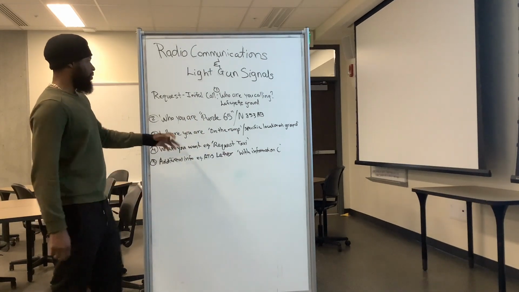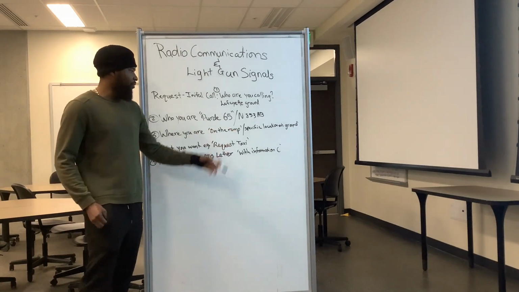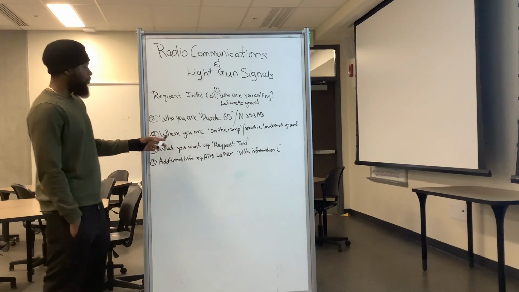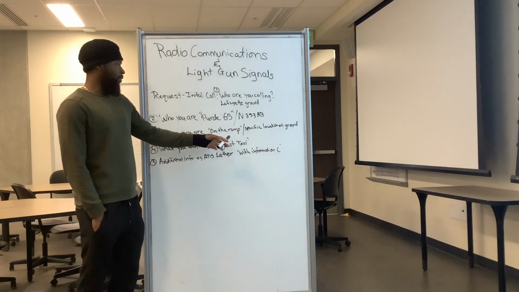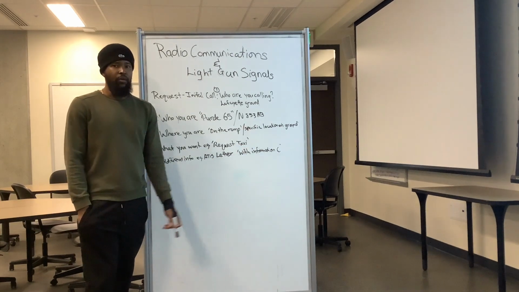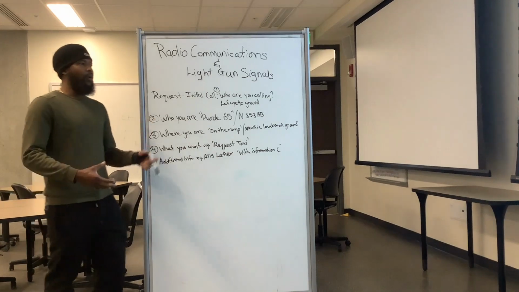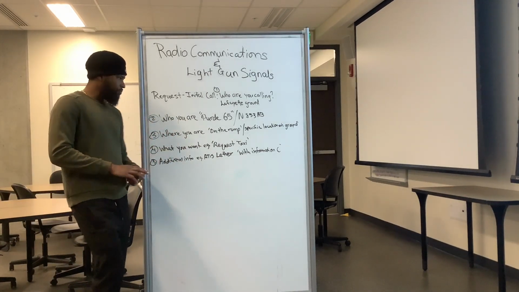So you'd be either Purdue 65, or if you're not in the Purdue fleet, then whatever tail number you have, for example, November 853 Alpha Bravo. You're going to let them know where you are in that portion of the airport. So you can be either on the ramp or in a specific location, like outside hangar 5 or 6, or whatever area in the airport you are, so ground can identify you.